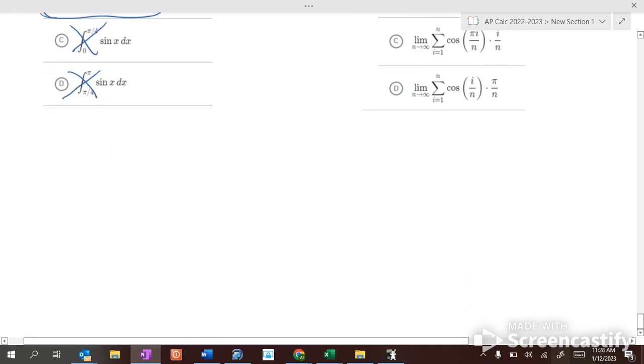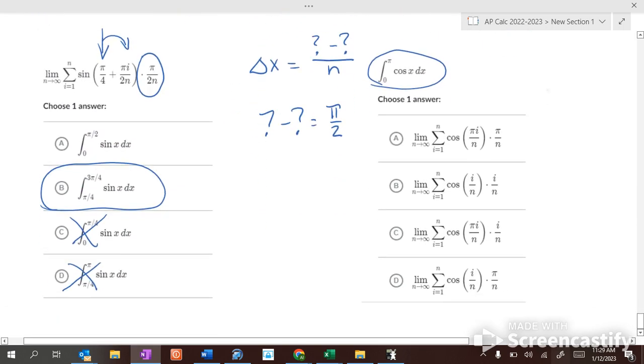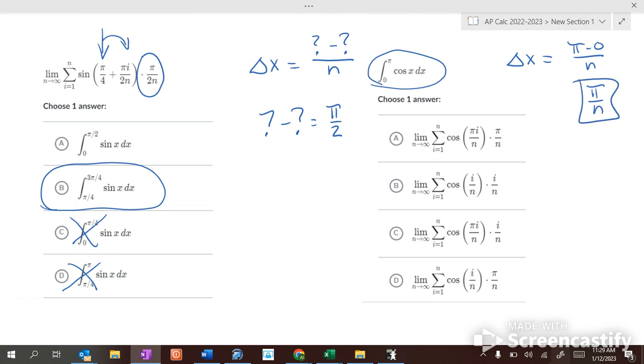So, is that all my examples? I should have another example, but I guess. So, how far did we go? What's our change in x? Well, our change in x is pi minus 0 over n, or it's pi over n. So it has to be a pi over n, so it cannot be that one, cannot be that one.